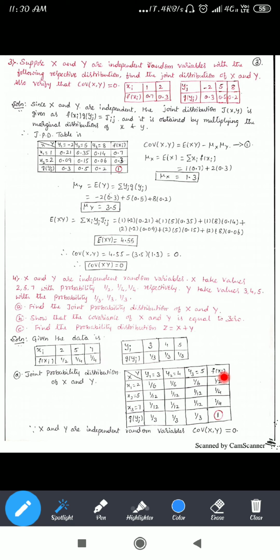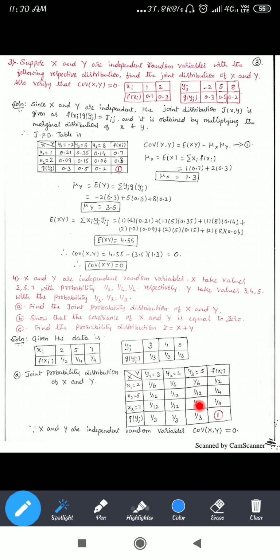Then that multiplication gives you the entries inside: J11, J12, J13, J21, J22, J23, then J31, J32, J33. Have you understood now? Similar to the previous problem, the third one we did, the same procedure we are going to follow here also. So this is about the JPD.